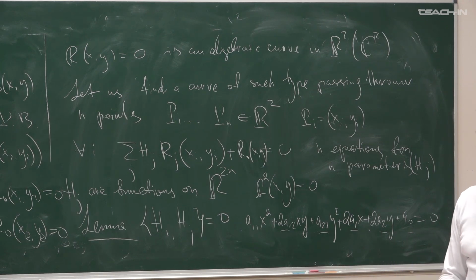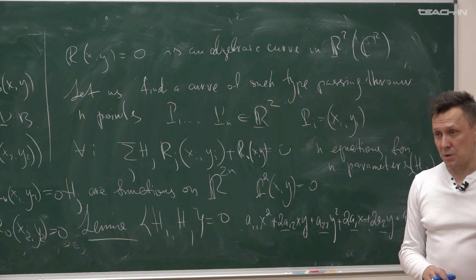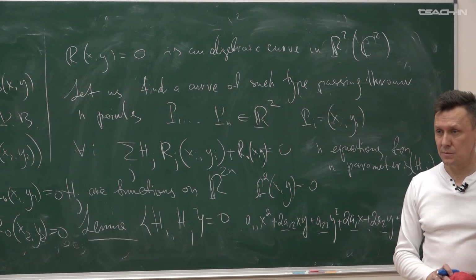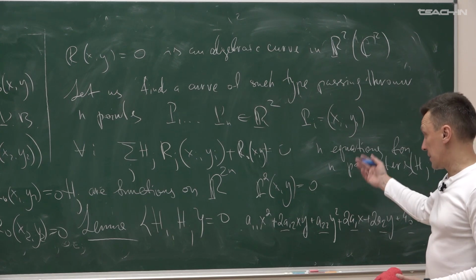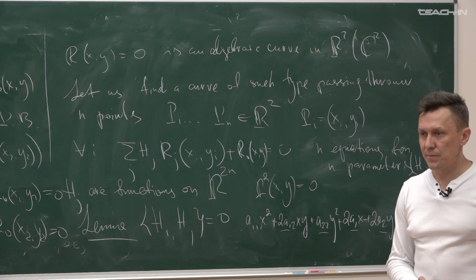So it is a linear system of 5 equations on 6 variables. And for generic choice of points, it defines the curve uniquely.